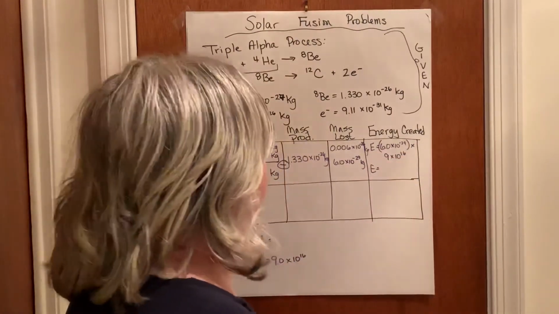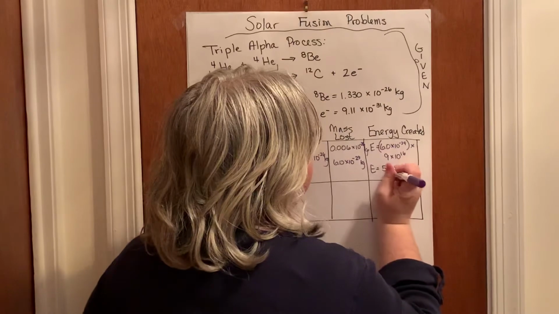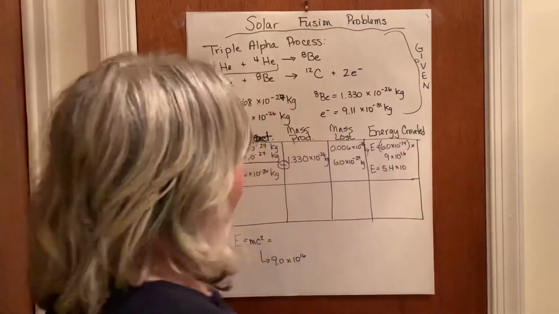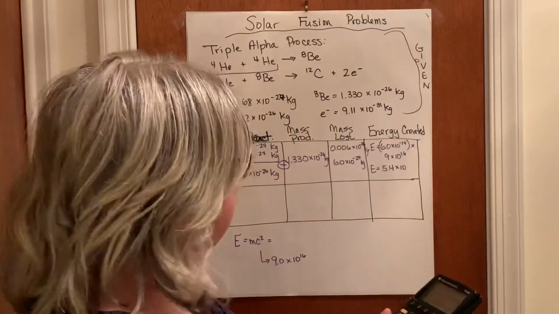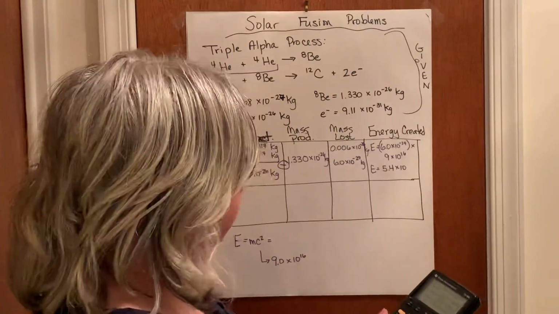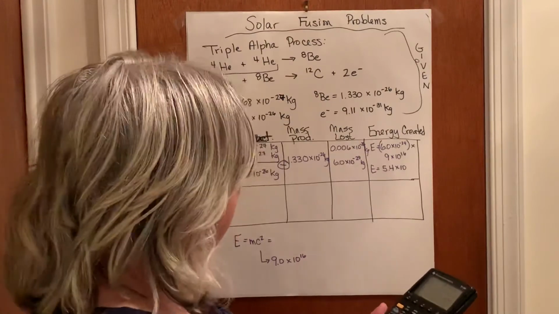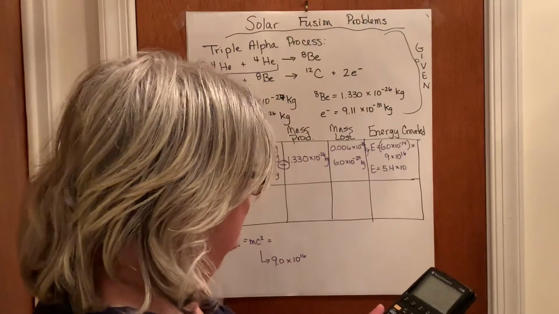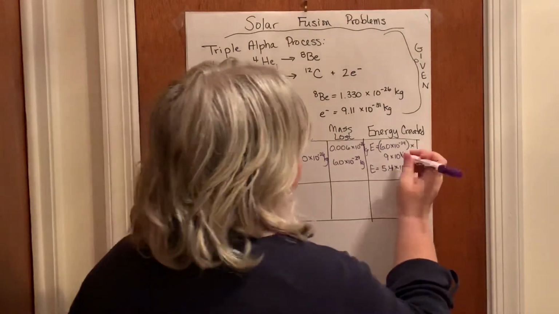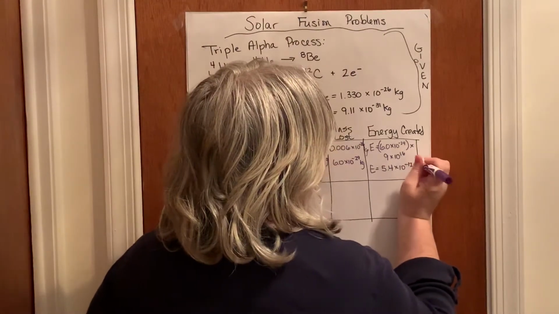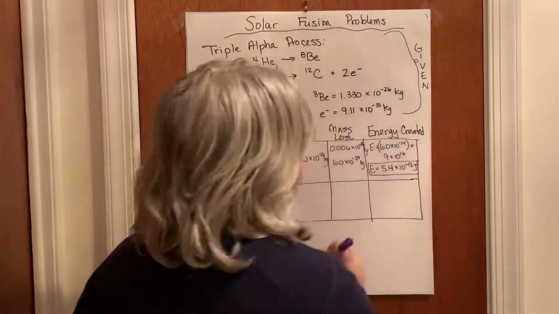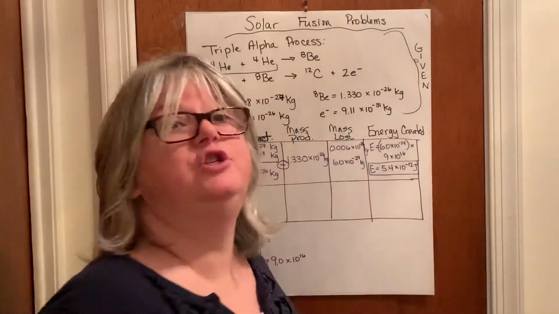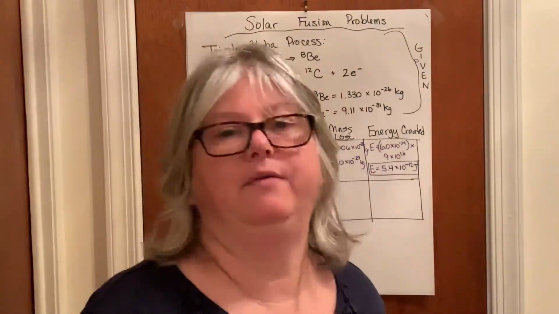Hit that into my calculator. I get 5.4 times 10 to the negative 12th. And the unit of energy is the joule. Okay, so that's how much energy is created in just one step of the alpha process.